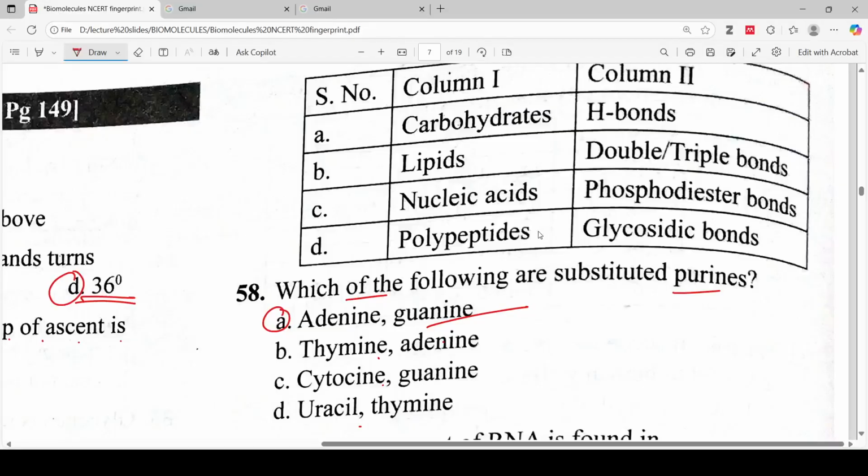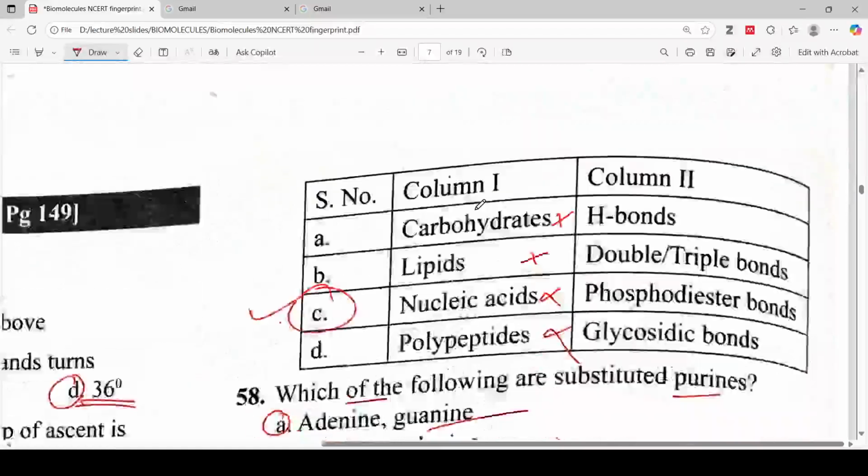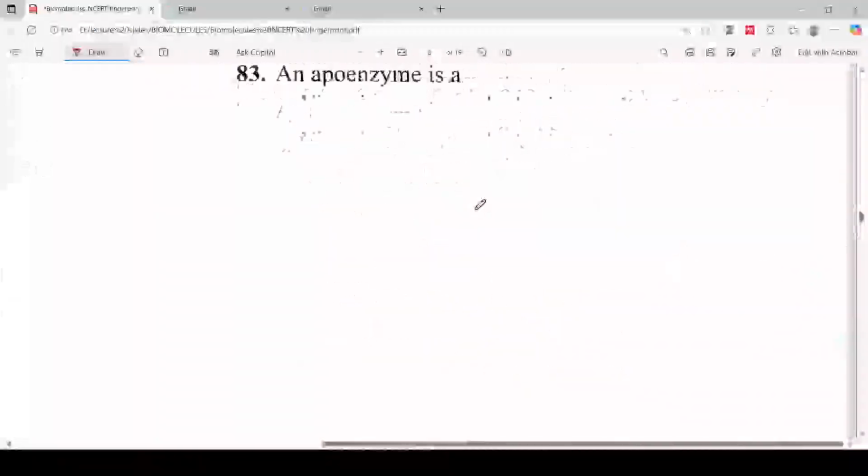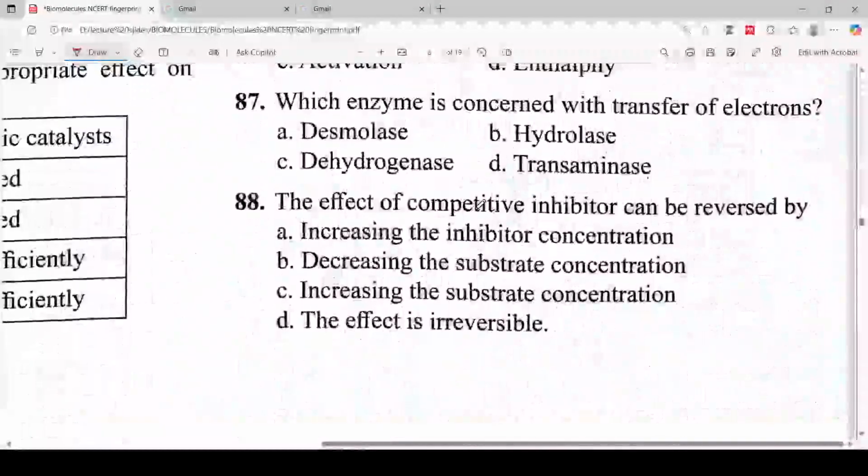So for this question, the correct answer will be option C. Option C is correctly matched, because this is not correctly matched, this also is not correctly matched, this is also not correctly matched. Okay, let's move to the next question.